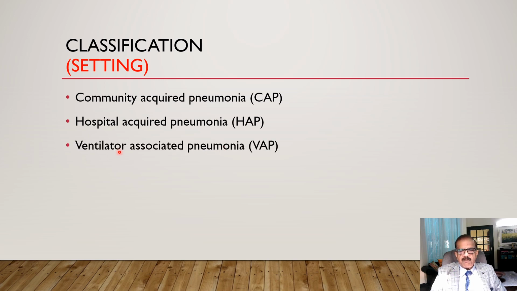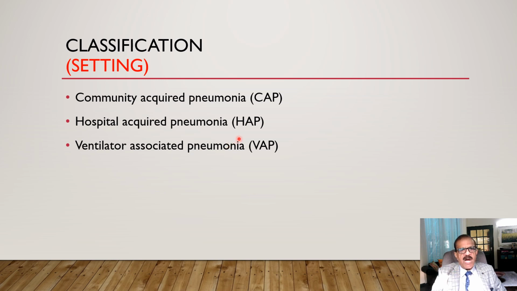Then there is a specific type of pneumonia which develops in people who are on a ventilator. So ventilator associated pneumonia is the most difficult pneumonia to treat because these organisms are typically very resistant, and when you intubate a patient, you actually circumvent many of the defense mechanisms.